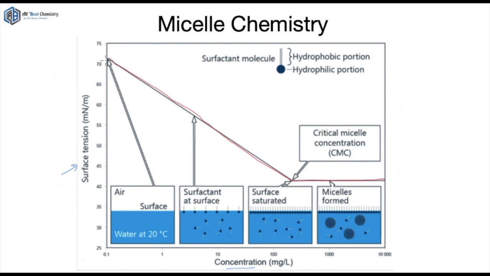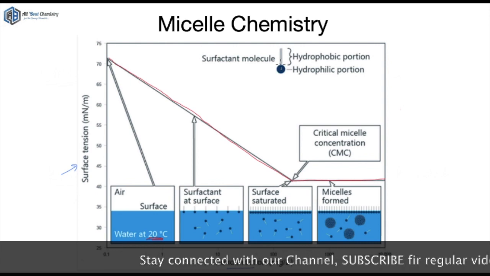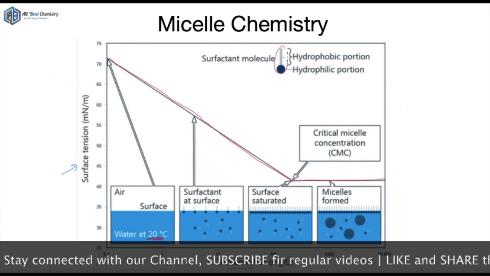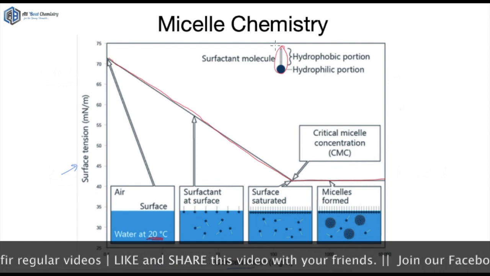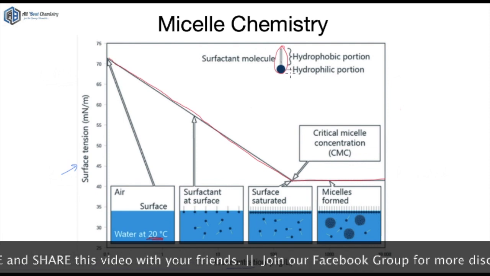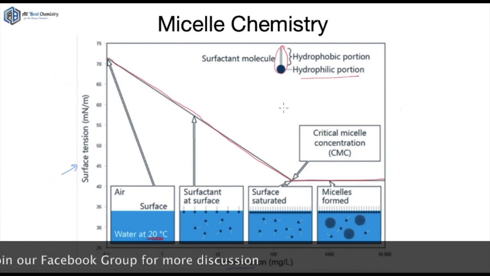In the very beginning, you just have water, at 20 degrees Celsius. We have taken the temperature as 20 degrees Celsius, and we don't have any surfactant in this water. Surfactant molecules are shown in the small boxes: the dark blue dot is the hydrophilic portion, and the single line is the hydrophobic, or water-hating, portion.